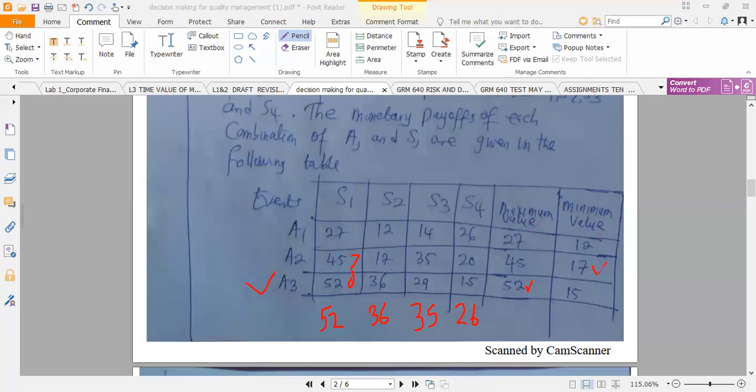Then we went to the regret. Under the regret, what did we do? Anyone else to take it on? Using the regret table, what did we do? Chiwoni?